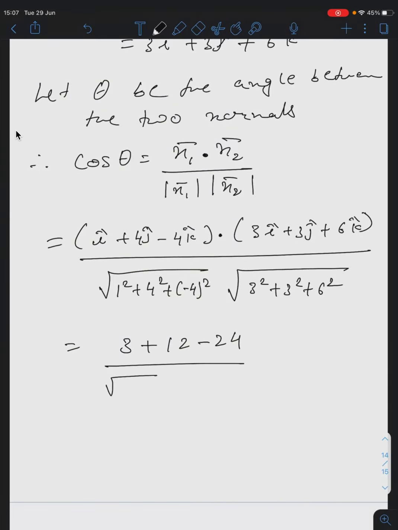This is root over of, how much you will get? 33. Okay, and this is 54. So on solving it, what did you get? Minus 9 by, so that is the answer. This is how you calculate the angle.